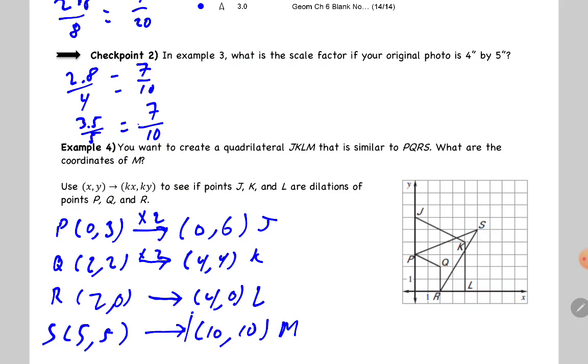So my point M is 10, 10, which would be 2, 3, 4, 5, 6, 7, 8, 9, 10. So somewhere out here.